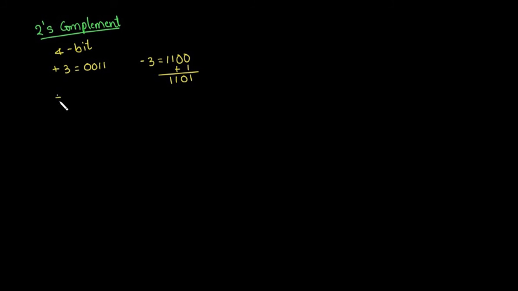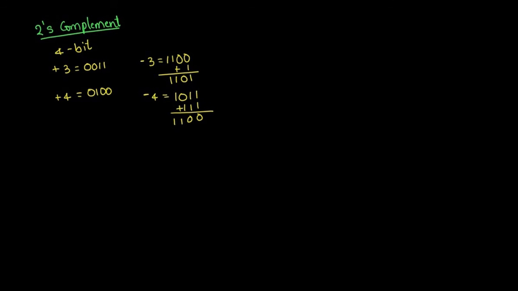If we have positive 4, 0, 1, 0, 0, we can get 2's complement negative 4 by performing 1's complement first, that is 1, 0, 1, 1, and adding a 1 at the LSB, that gives 1, 1, 0, 0. I have performed the addition as follows.